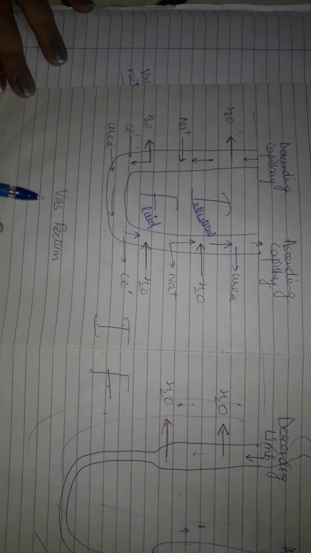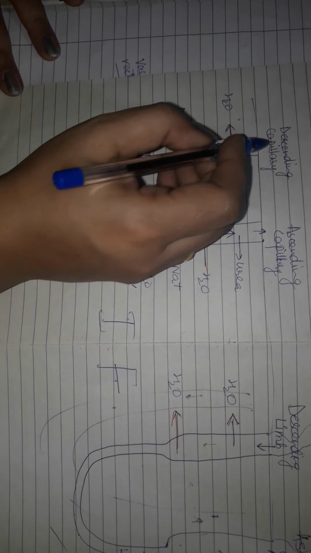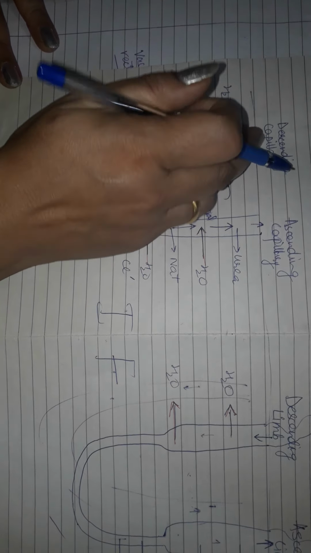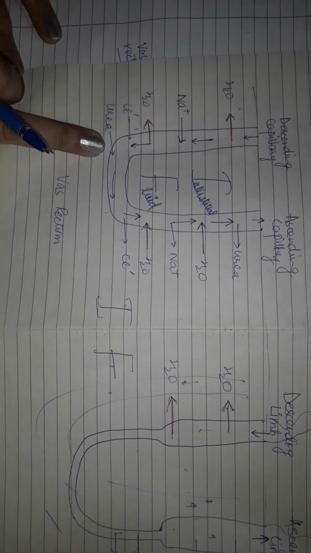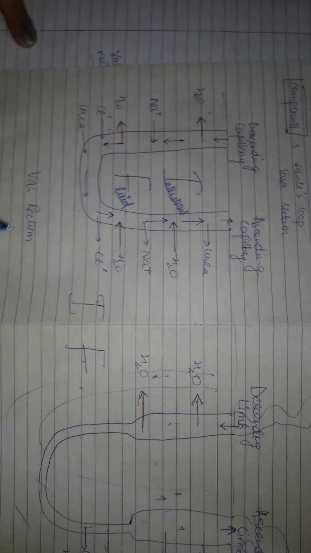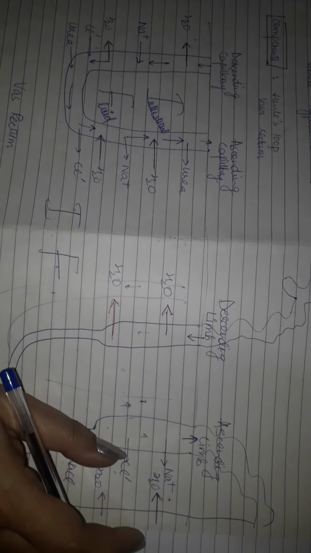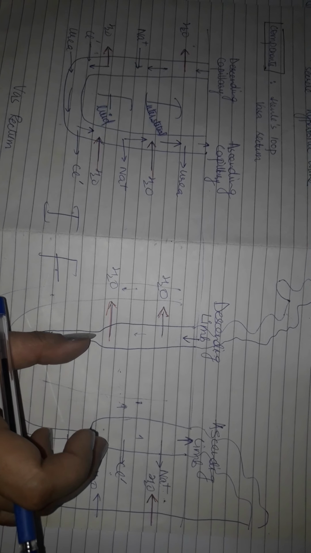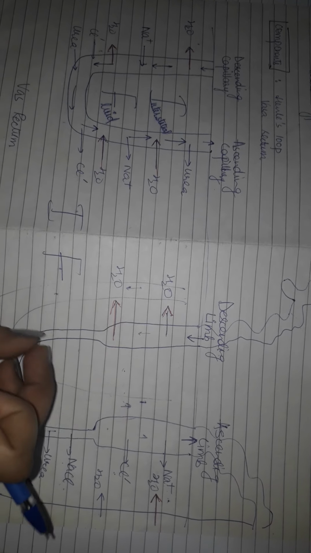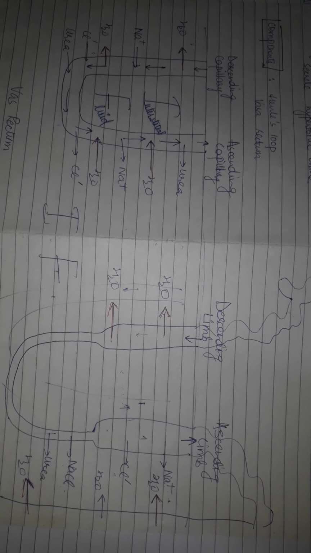Now, this is the vasa recta, the blood vessel surrounding the nephron. This is the descending capillary in which the blood is flowing in the downward direction, and this is the ascending capillary of vasa recta. And this is the loop of Henle with the wider region, narrower region, narrow region and the wide region.